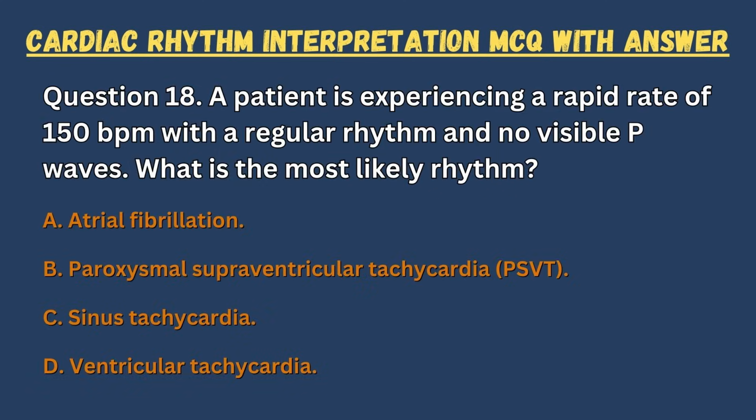Question 18. A patient is experiencing a rapid rate of 150 BPM with a regular rhythm and no visible P waves. What is the most likely rhythm? A. Atrial fibrillation. B. Paroxysmal supraventricular tachycardia, PSVT. C. Sinus tachycardia. D. Ventricular tachycardia.